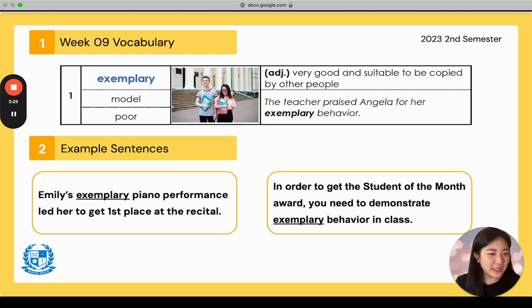But that's not the only thing, though. You should be great in class participation, good homework answers, great monthly tests and vocab tests, and etc. Okay? So you need to demonstrate, show exemplary behavior in class. Everyone say exemplary. Good job.